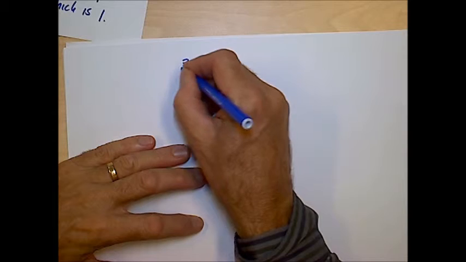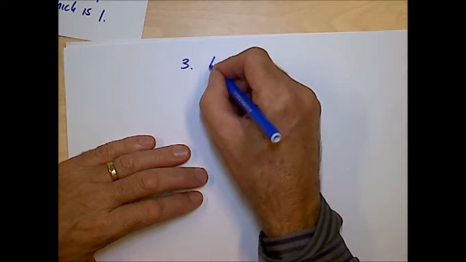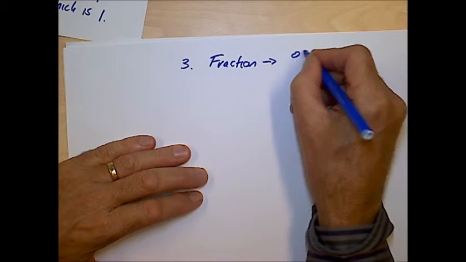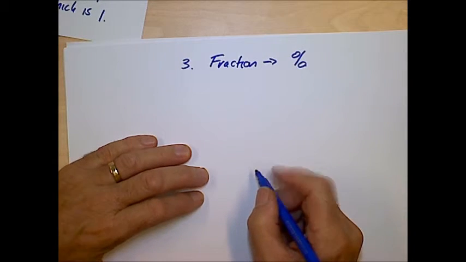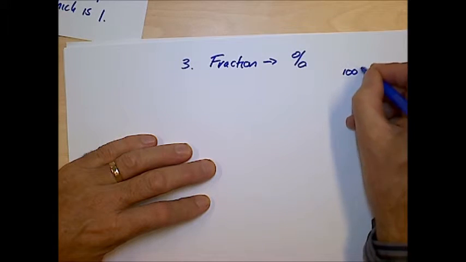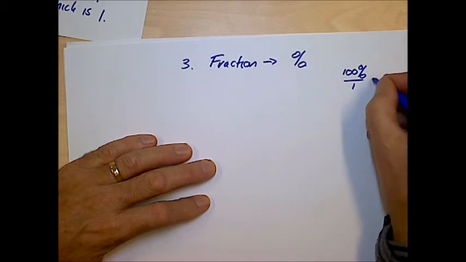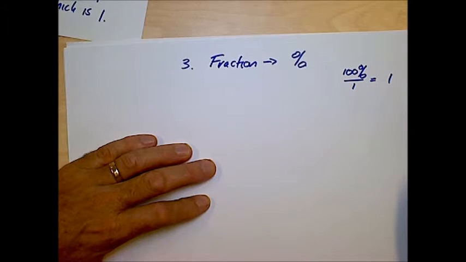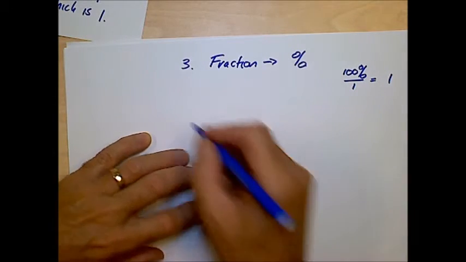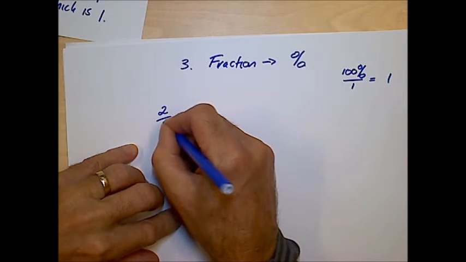That's our second skill. Our third skill that we have to be able to demonstrate is how to change a fraction to a percentage. Now, to do this, all we need to remember is that 100% over 1 is the same as 1. So if we have any fraction, for example 2 over 5.